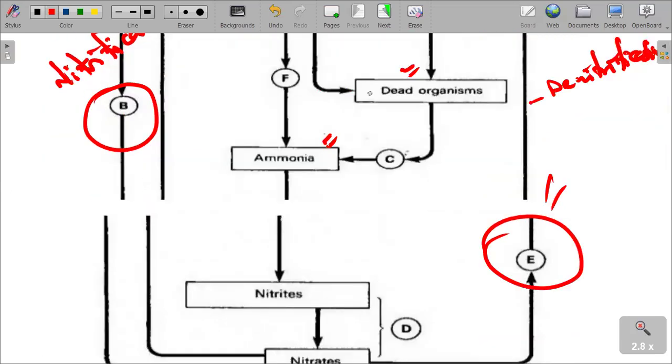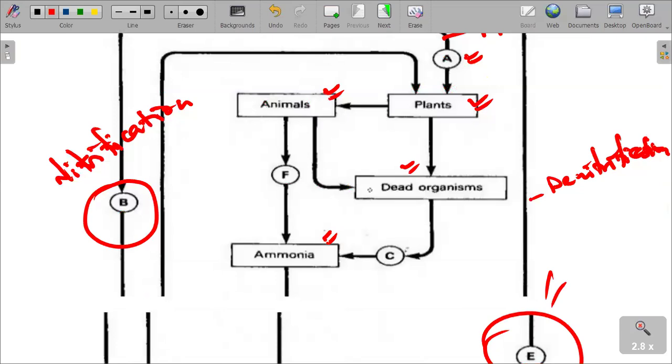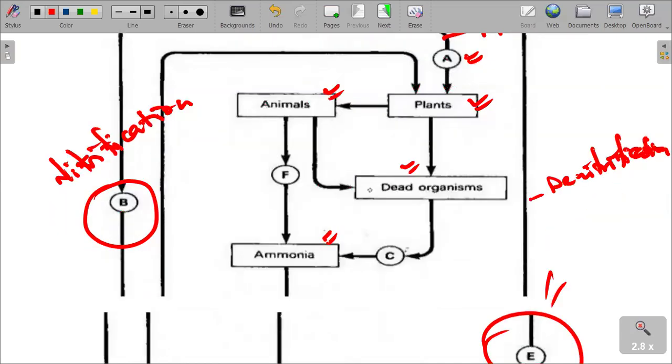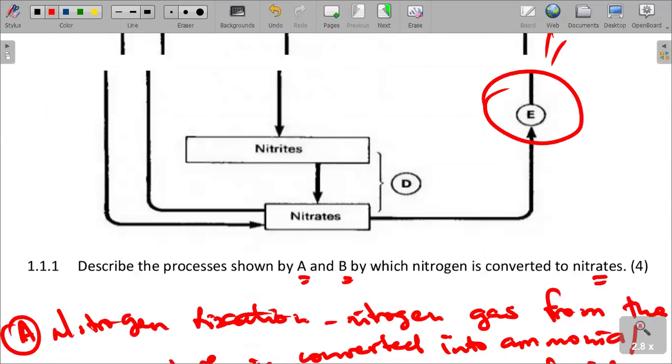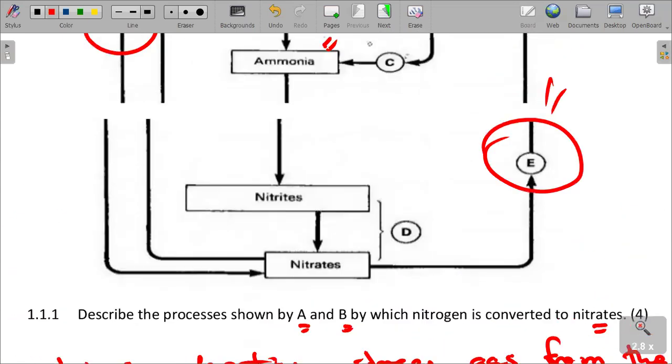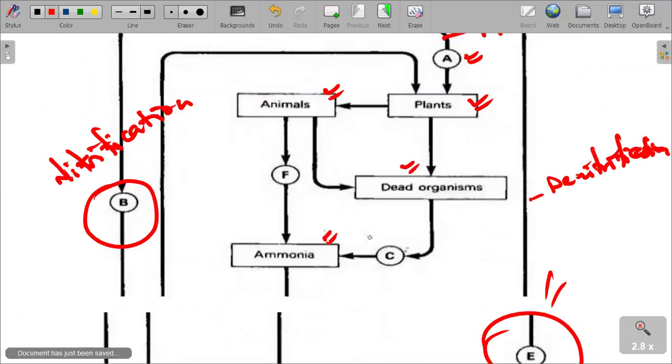Now, for this nitrogen cycle, please look also on the channel. You will find it deeply analyzed in its completeness.